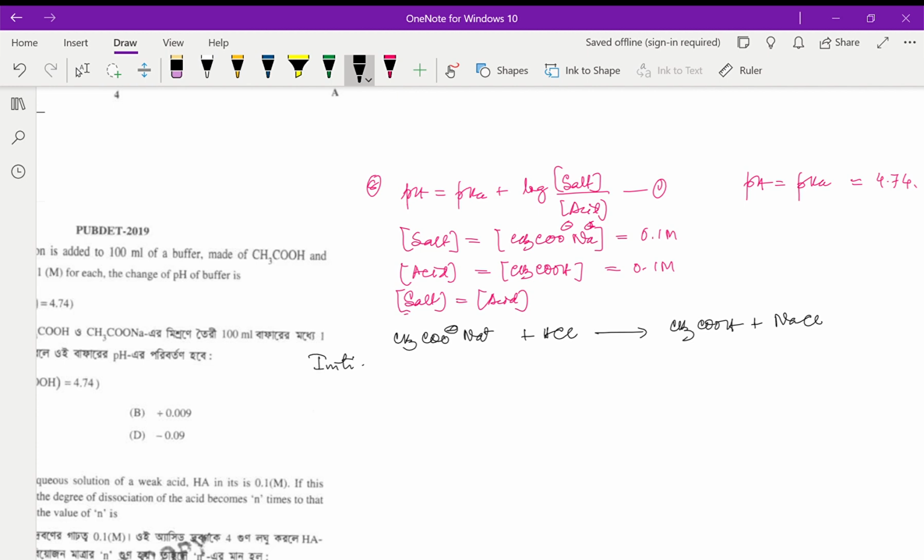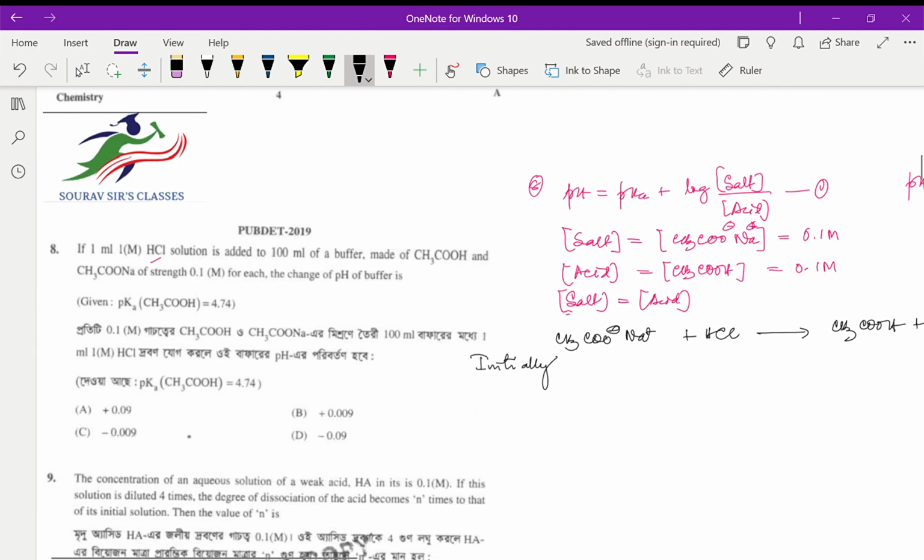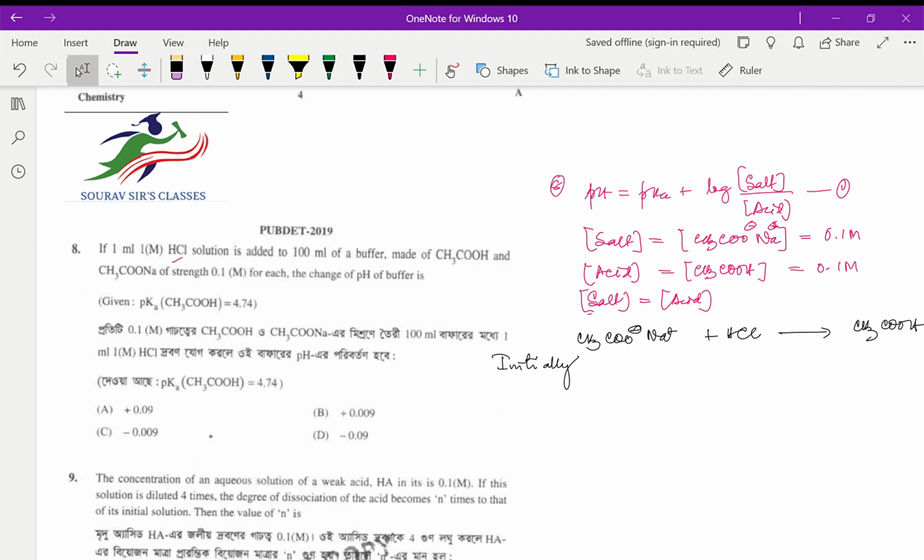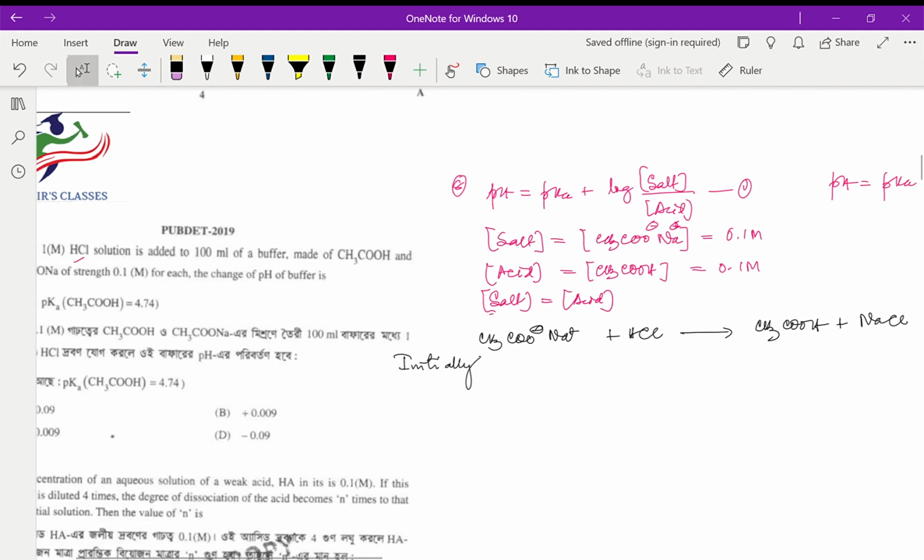Now, if we talk about initially, how many moles? That is 100 ml into 0.1, which means it is going to be 10 millimole, and that is 0 for the NaCl.